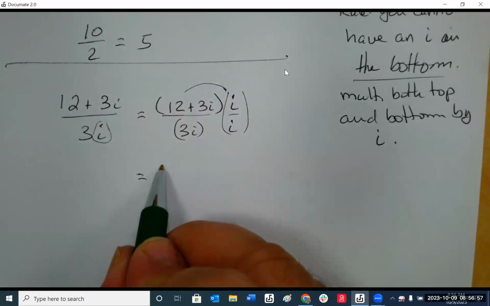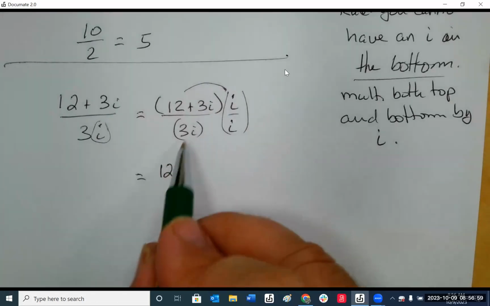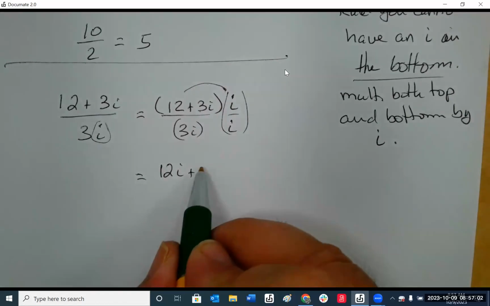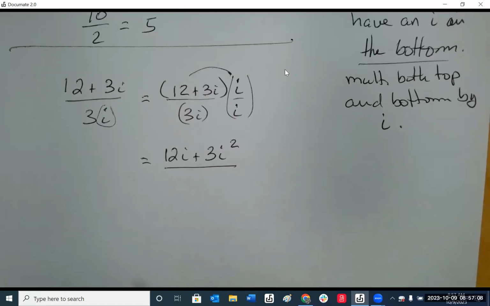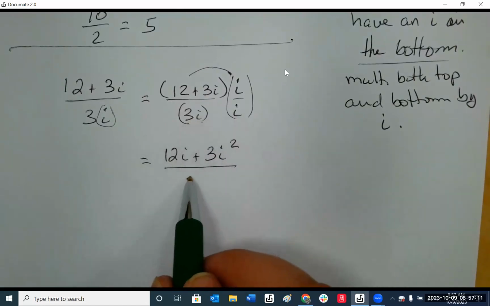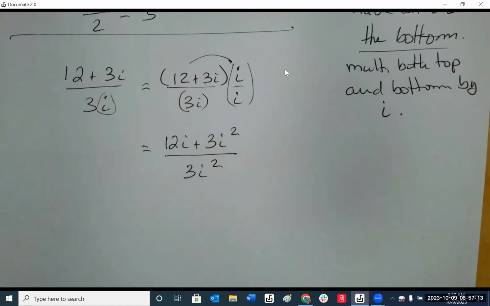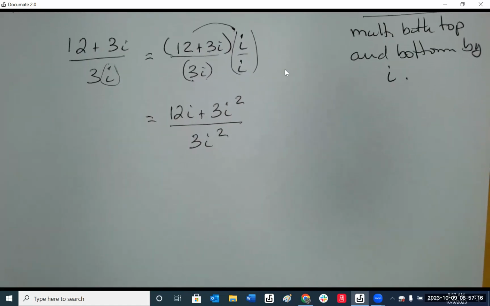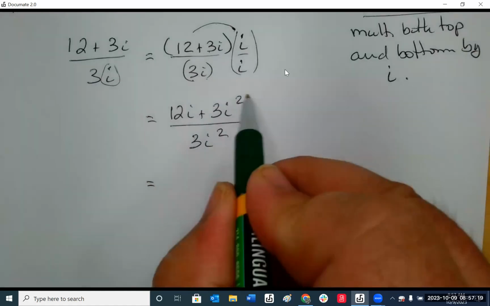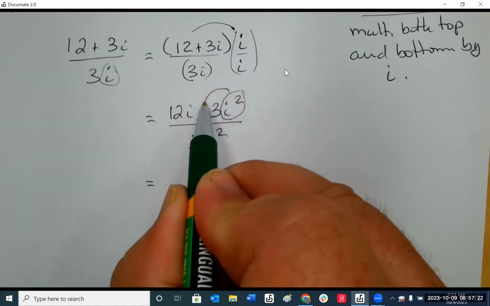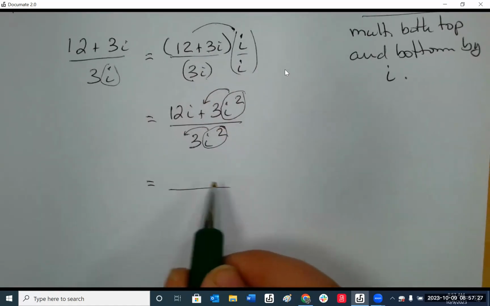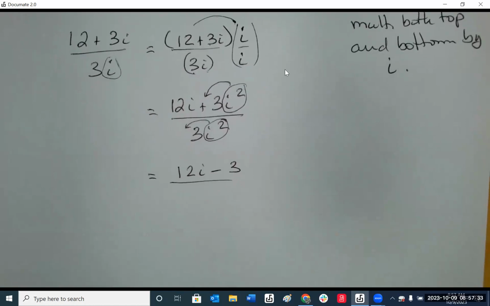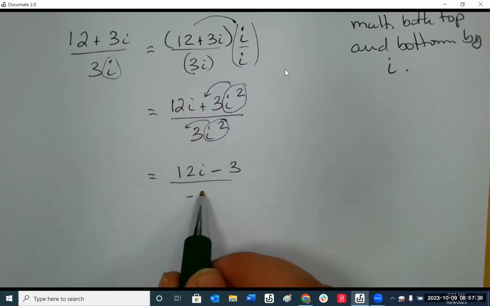So i times 12 is 12i. Positive and positive. 3i times i is 3i squared. Remember, i squared just changes the sign in front of it. So we have 12i minus 3 on top and a negative 3 on the bottom.